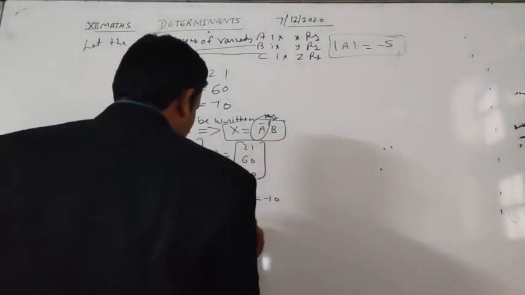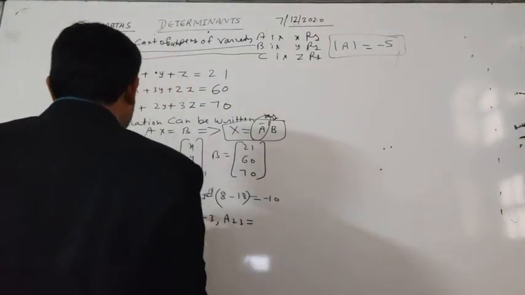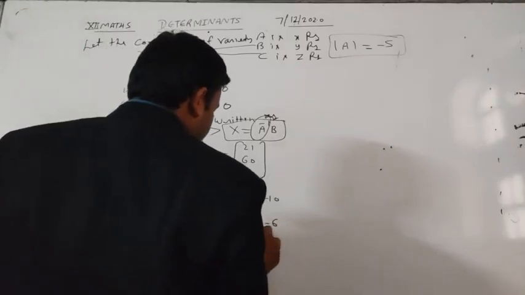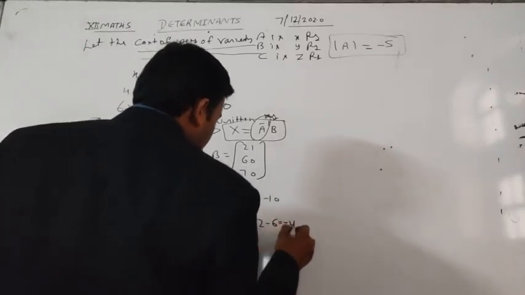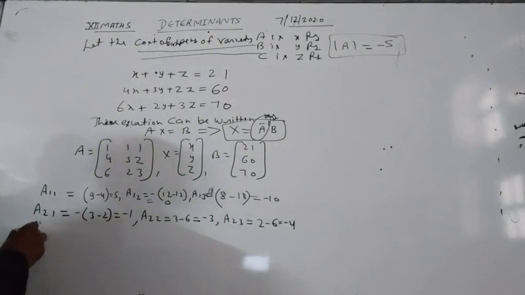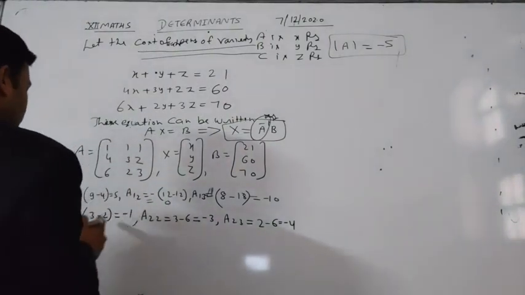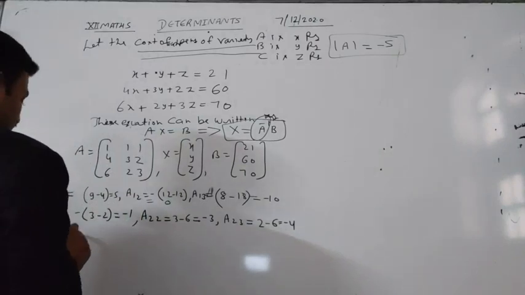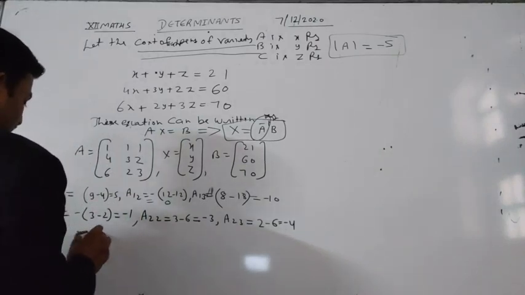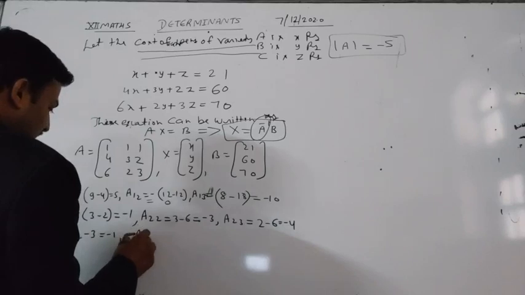And A23 is 2 minus 6, minus 4. And A31 is 2 minus 3, which is minus 1.